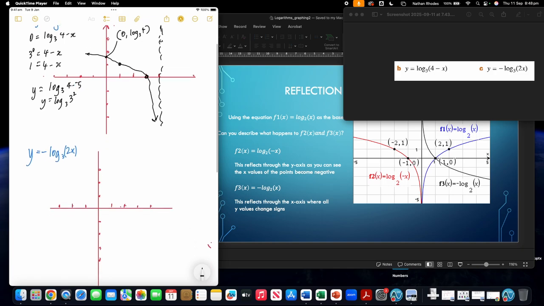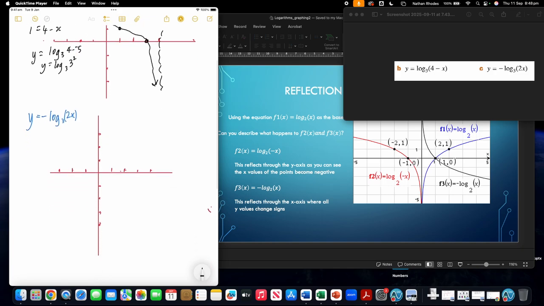Now for this second one, looking at our notes, the negative's outside the log function, so this means it's reflecting through the x-axis, where all the y values change signs. Like our graph that's in blue, that's our normal one, and because the reflection through the x-axis happens, it becomes that black graph.